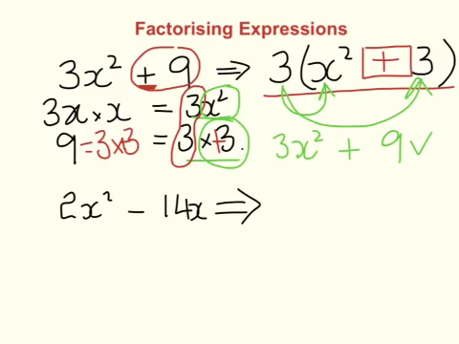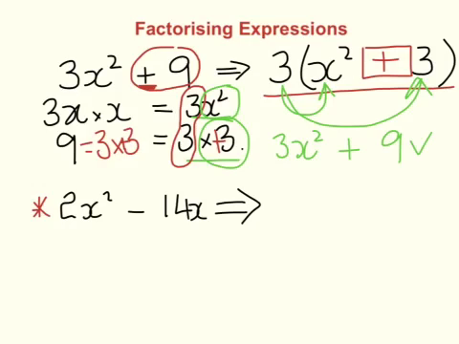Now let's look at this second example here. This example is different because it has an x squared and an x here in the second term, which is something we can take care of quite simply by following a similar method to that shown above.